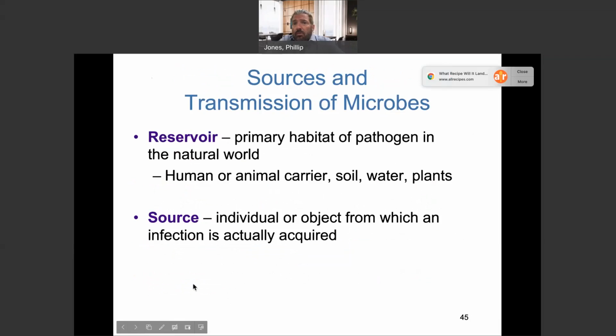All right. A reservoir is the primary habitat of a pathogen in the natural world, so it can be a human or animal carrier, soil, water, or plants. And if we're talking about SARS or COVID, there's a big theory that it was zoonotic and it was laboratory genetically modified from a bat to be able to get into the human cell that has angiotensin converting enzyme receptors, anyone with an ACE receptor.